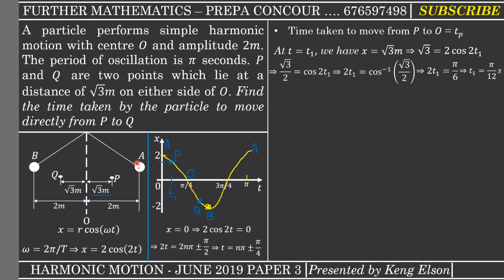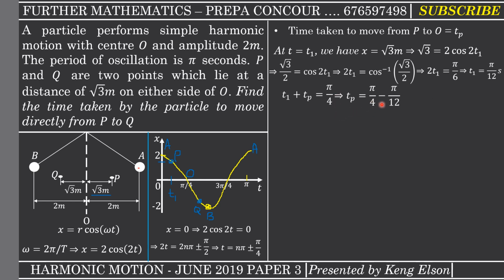So the time taken to move from A to O, we know that it is pi over 4. Okay, because that is from A to O. At O, you are at the origin, the center of oscillation. So that time taken is just the value here, which we got as pi divided by 4. So basically, the time taken to move from A to P, plus the time taken to move from P to O, which is TP, will be equal to pi over 4. So what is TP?